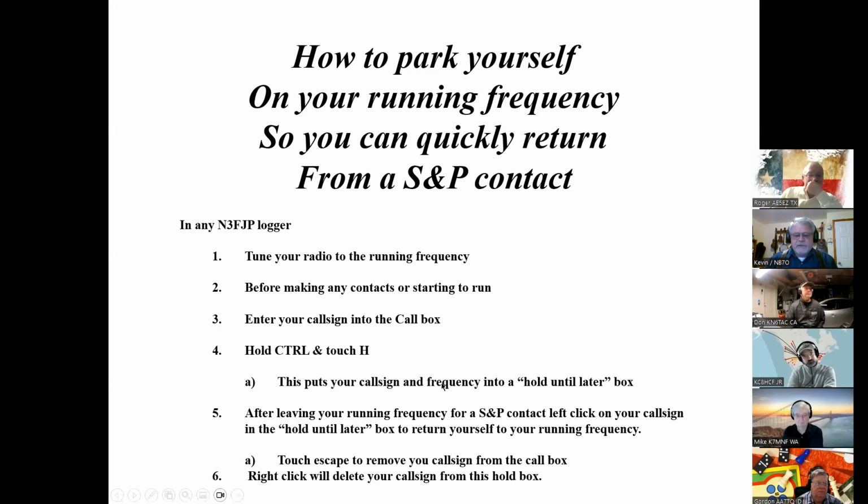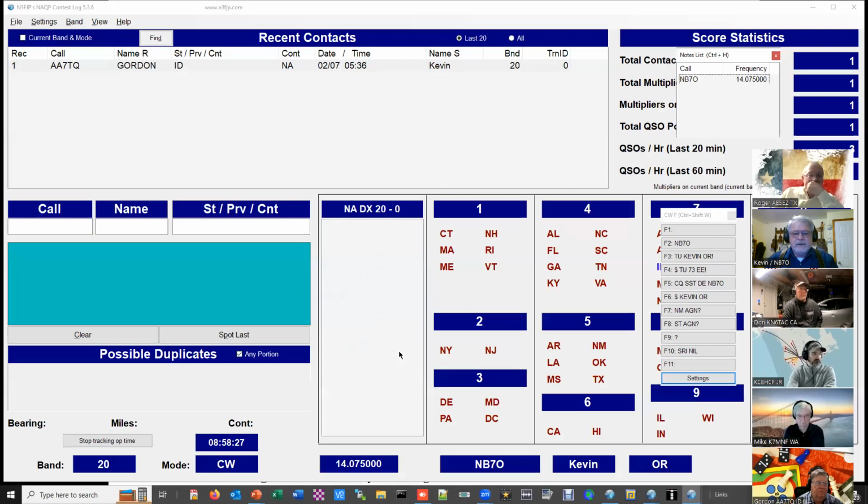But Control H puts whatever's in the logger on hold. Then you do have to touch escape to get it out of there. So if I put, oh, let's see, whoops, I'm not in the box.